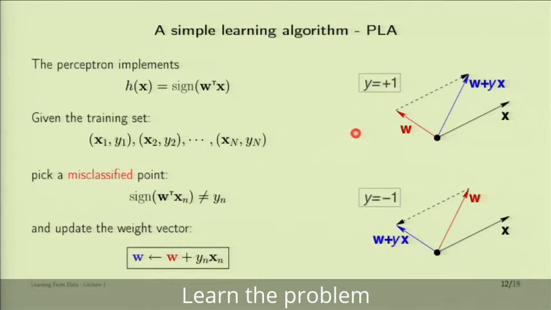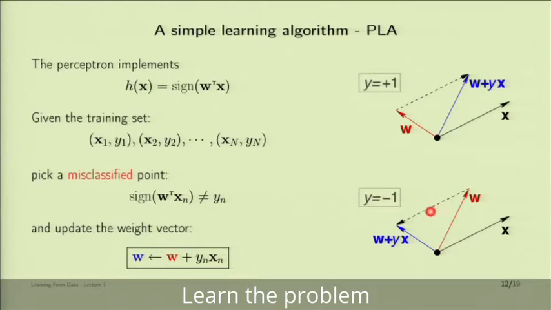How is that? If y equals +1, as you see here, then it must be that since the point is misclassified, w dot x was negative. Now, when you modify this to w plus yx, it's actually w plus x. You add x to w, and when you add x to w, you get the blue vector instead of the red vector, and lo and behold, now the inner product is indeed positive.